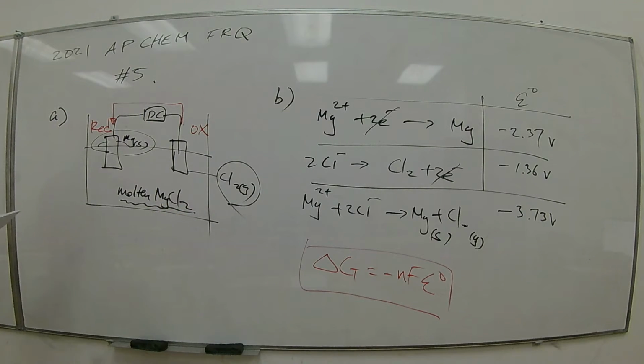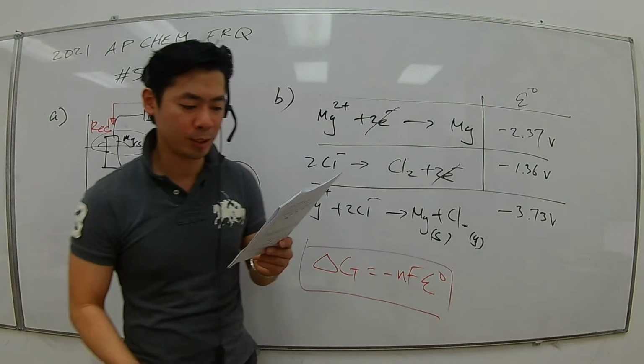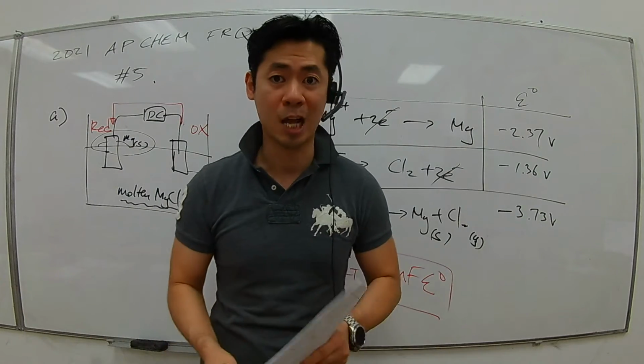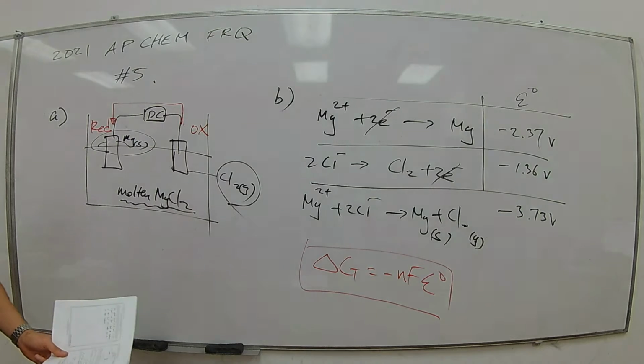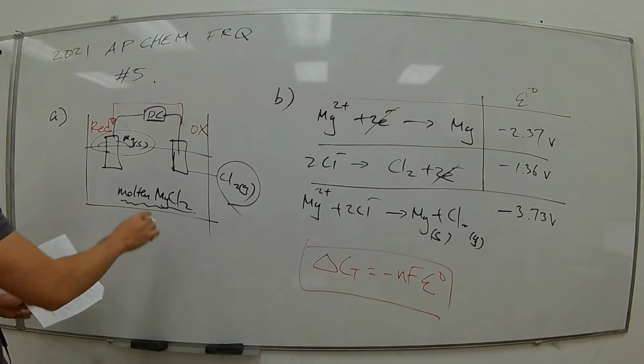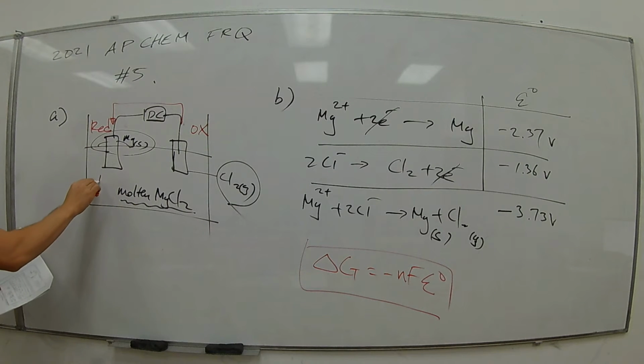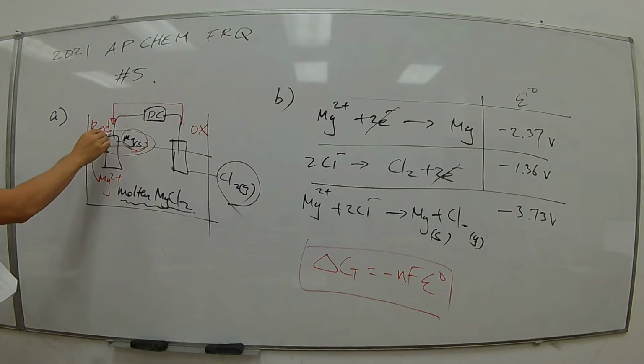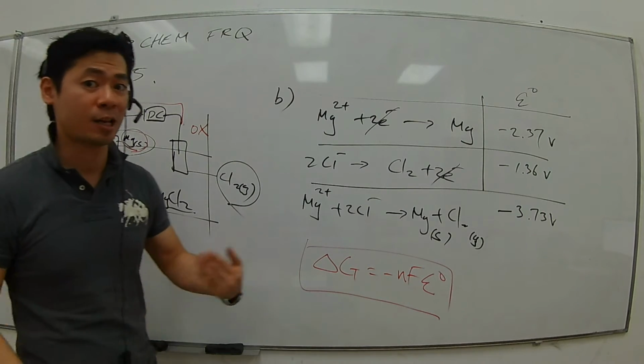Part A is asking, draw an arrow on the diagram showing the direction of the electron flow through the external circuit as it operates. As you can see, on this side Mg2+ is being reduced to magnesium solid. That's a reduction process. Reduction is gaining electrons.